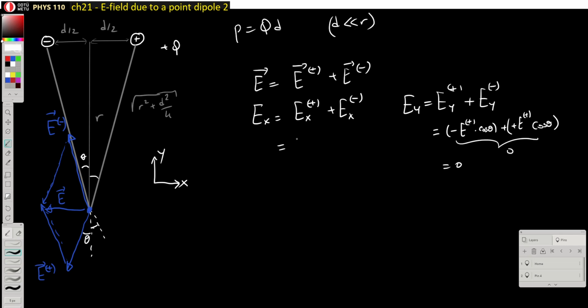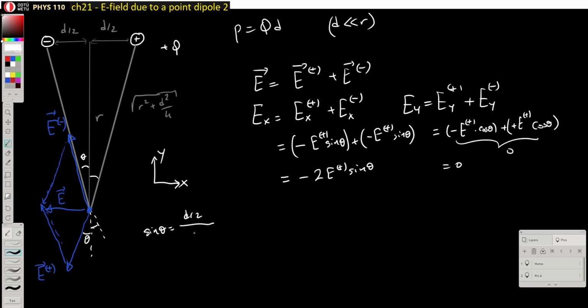Along the x direction, however, both of these vectors have the same x component, minus E plus sine theta. Therefore the x component is minus 2 times E plus times sine theta. I just observed that sine theta is equal to d over 2 divided by the square root of r squared plus d squared over 4. So let's do this calculation.